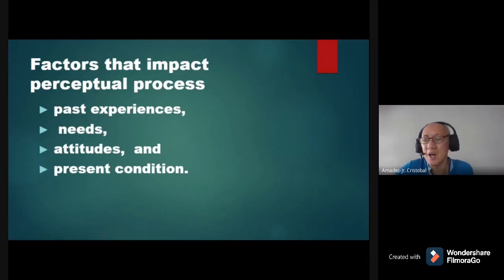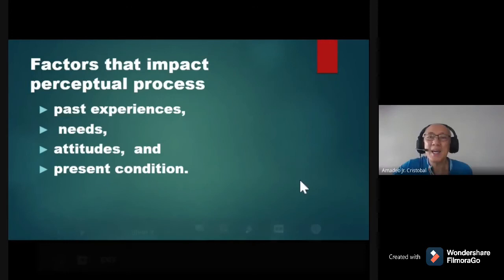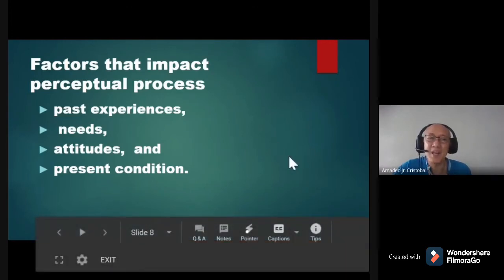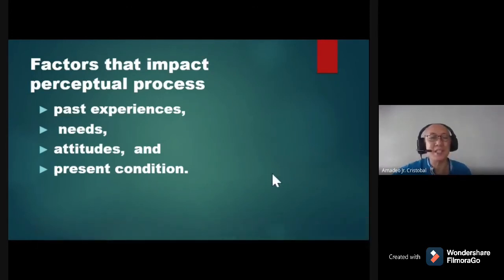Not only in terms of the connectivity of your internet, but of course your present condition. If you are physically sick or mentally disturbed, it will hamper the level of the perceptual process. Okay, so these four are very important factors to consider when the level of perception is at stake.